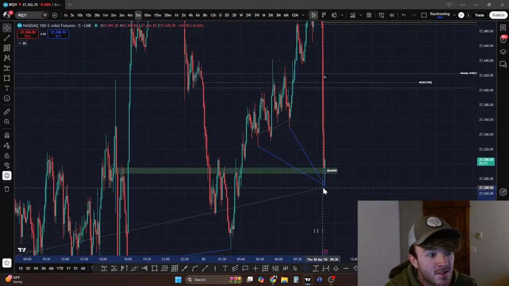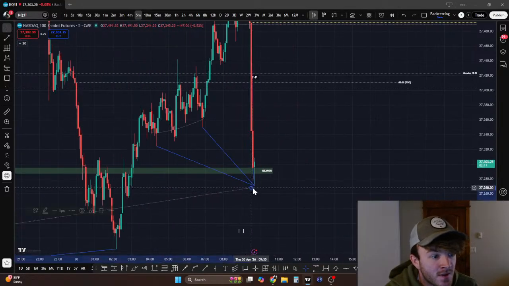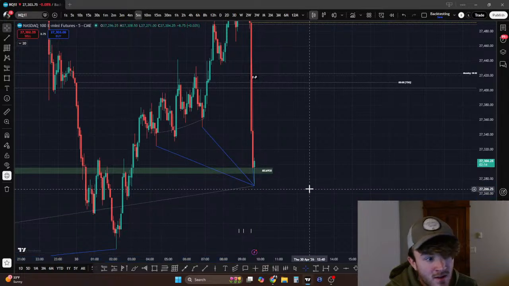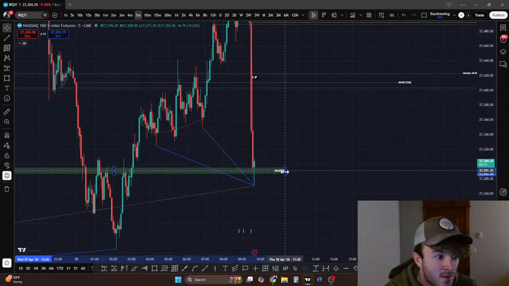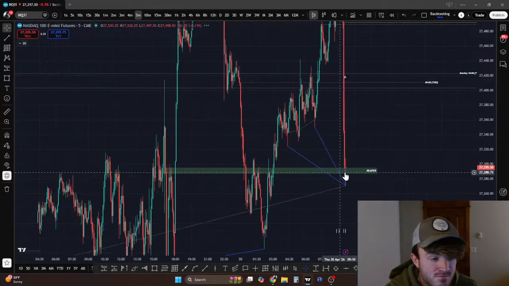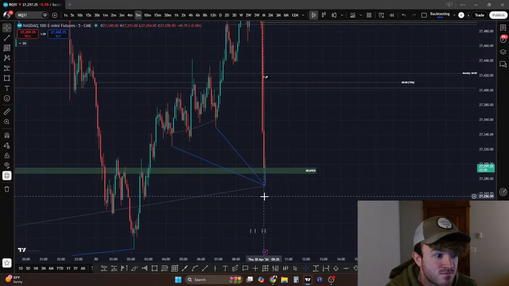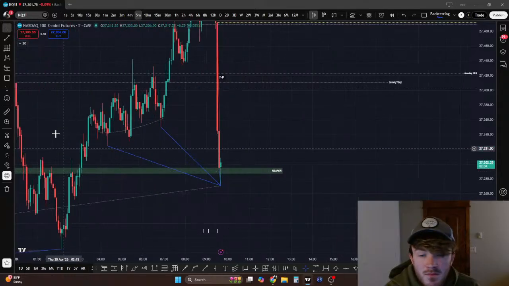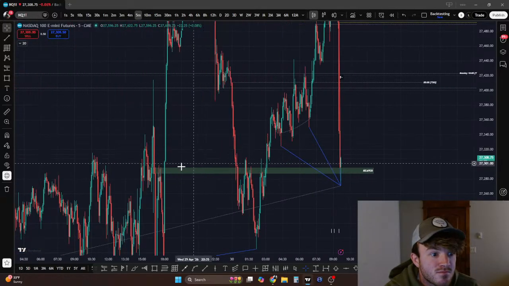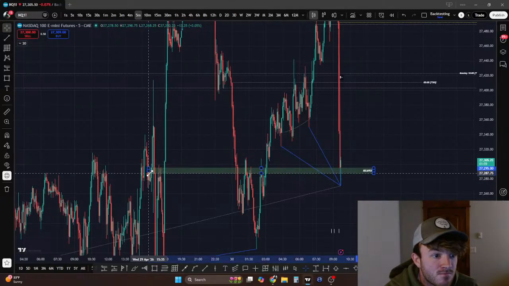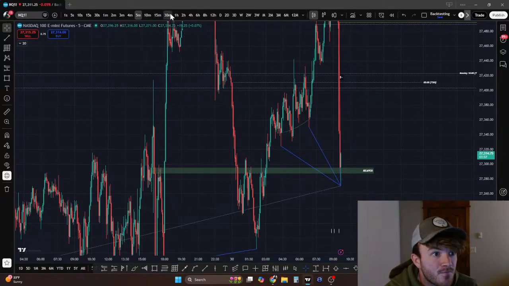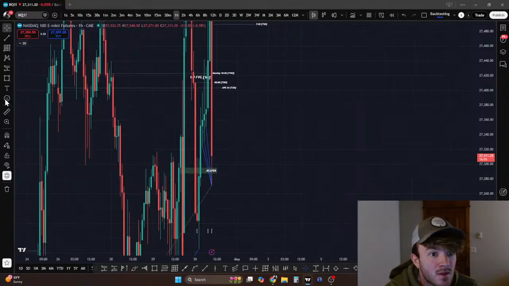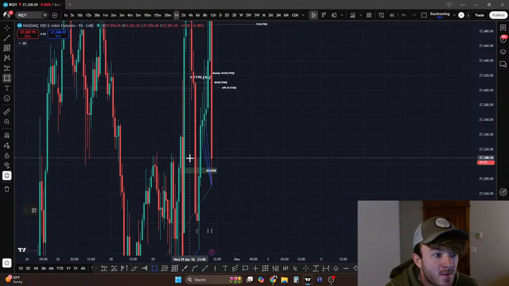I do think we will reverse. It's just a matter of, are we going to reverse at 10 or 11 or now? All right, let's mark out this 1 hour BPR.